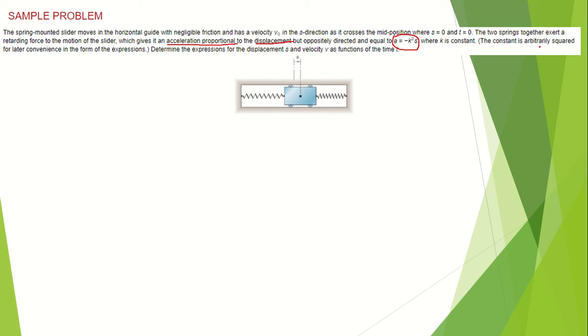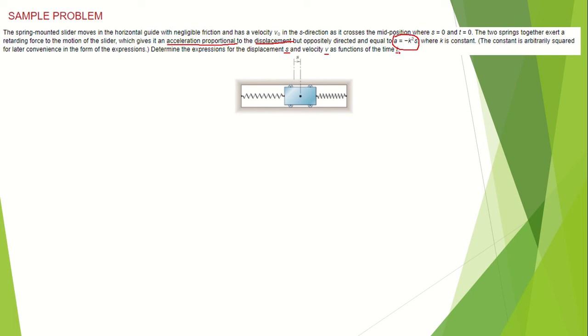The constant is arbitrarily squared for convenience in the form of the expressions. Determine the expressions for the displacement s and the velocity v as a function of time t.